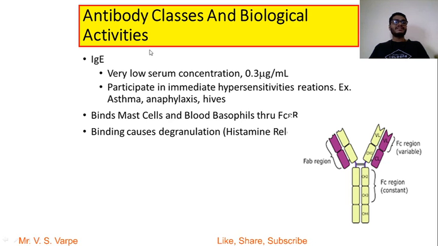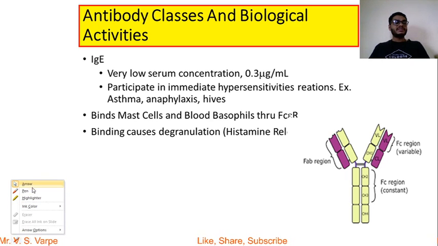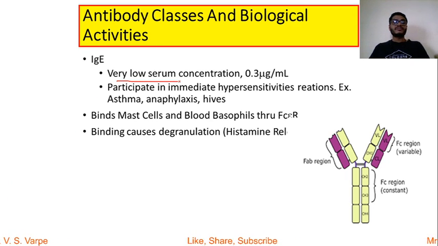Then the next part is IgE. IgE has a very low serum concentration, about 0.3 microgram per ml.